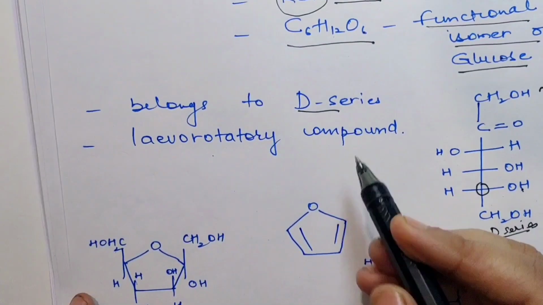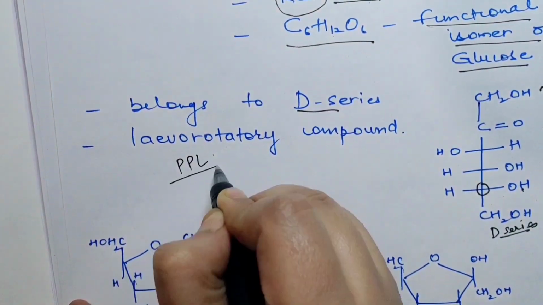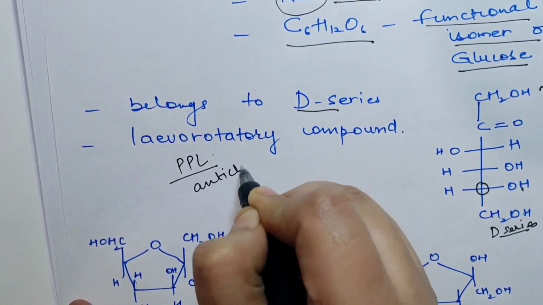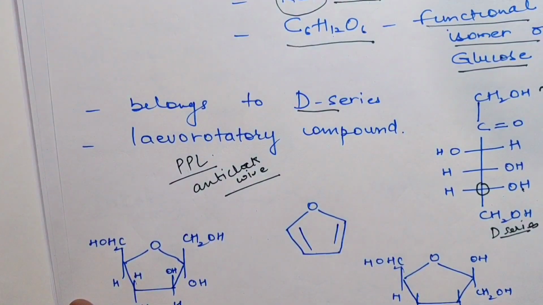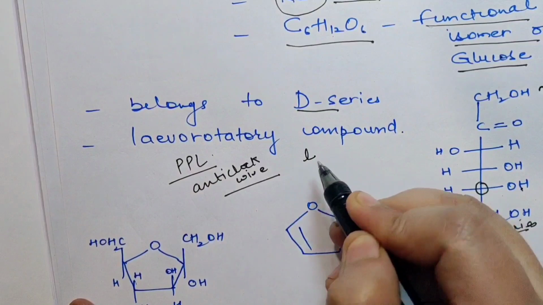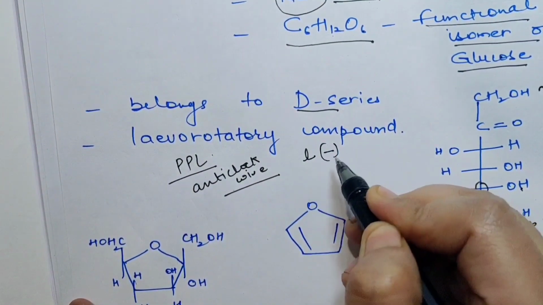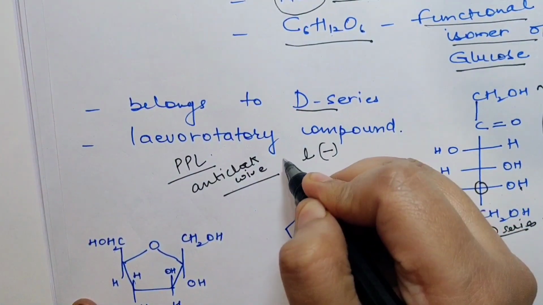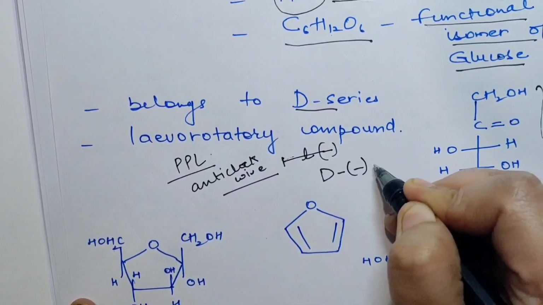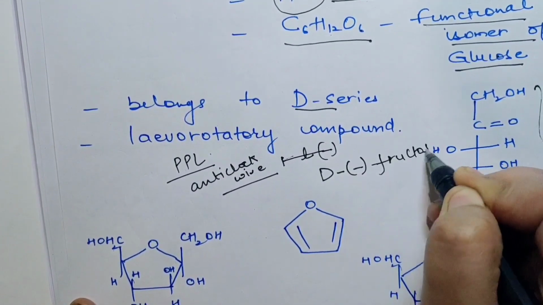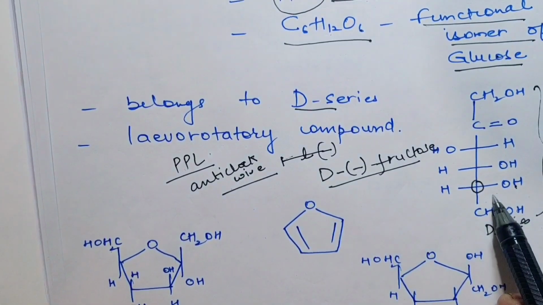That means it turns plane polarized light anti-clockwise. That is what levorotatory means. We show it with a small l or minus sign. So it becomes D minus fructose. That would be the name of this compound.